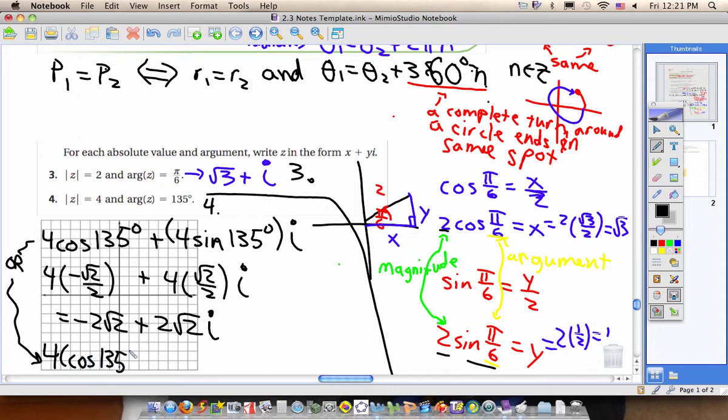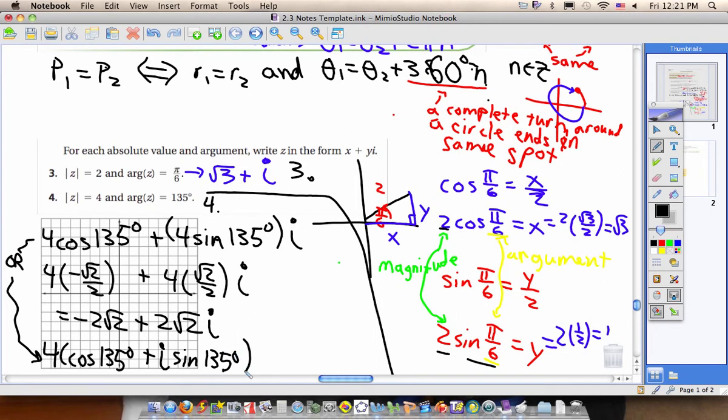Here we could have factored out the 4, so we could have written this as 4 times cosine 135 degrees plus i sine 135 degrees. And the only reason I'm pointing that out to you is this would be called polar form.